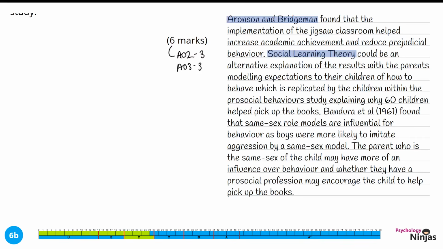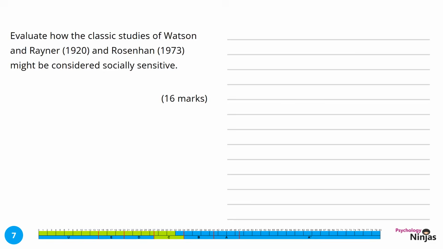This time we've used key terminology from social learning theory in terms of modelling the behaviour, and link this into the findings that 60 children from the pro-social behaviours category on pro-social parents picked up the books. We've justified this with findings from Bandura et al.'s 1961 study, and again we've said that it's the same-sex parent that might be important in terms of their profession and the helping behaviours of the children.